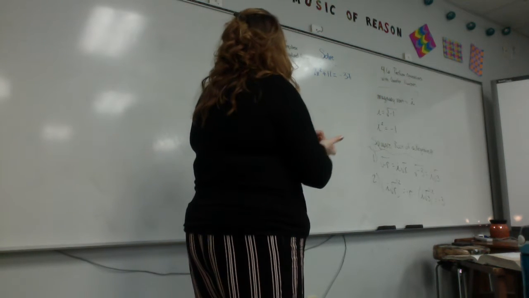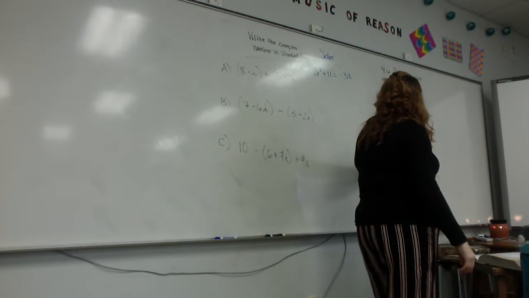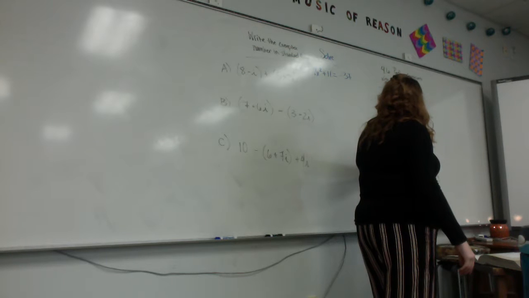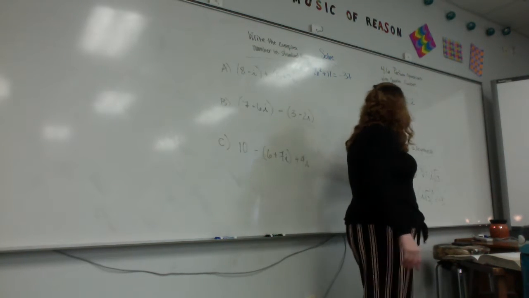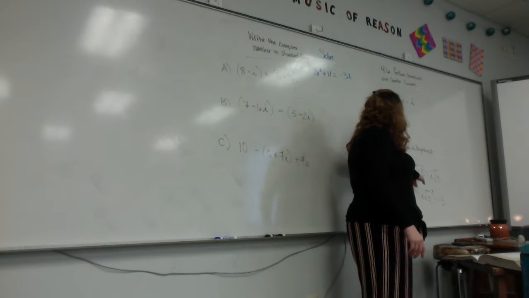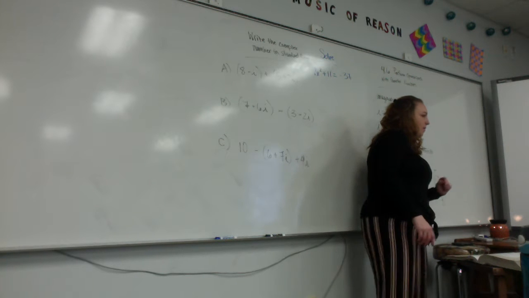The square root of a negative number has two rules that go with it. If I have the square root of a negative number, I take an i out of there. So if I have radical negative 3, what I really have is i radical 3.